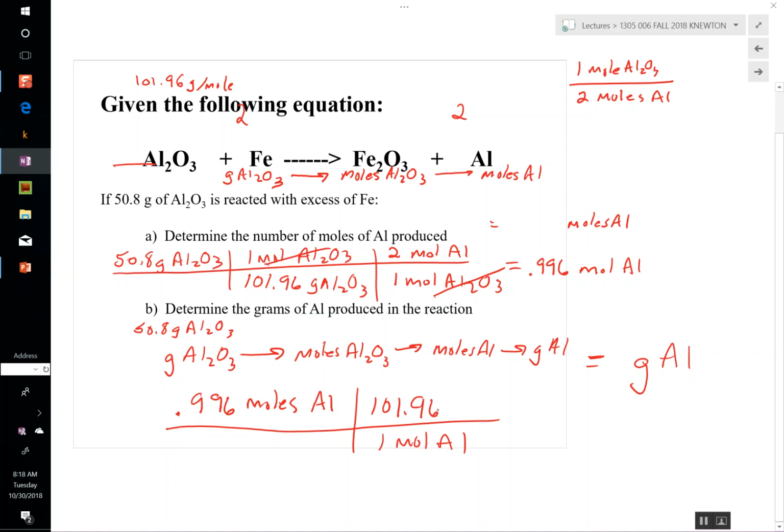Oh, no, I'm sorry. Whoa. We don't need this molar mass, do we? No, we just need the single one. I was getting ahead of myself here. We just need the molar mass of aluminum, and that comes right off the periodic table. All right? 26.98 grams of aluminum per mole of aluminum.